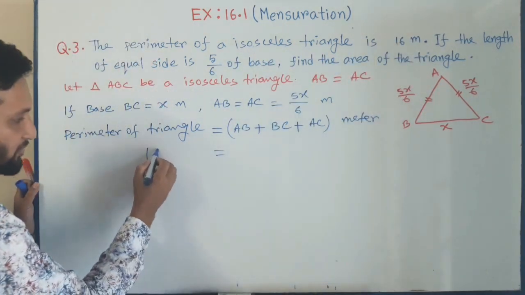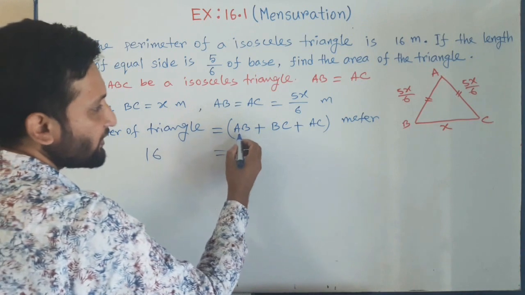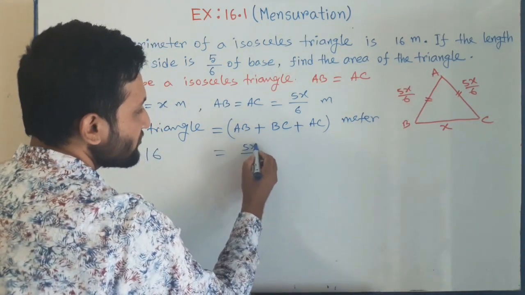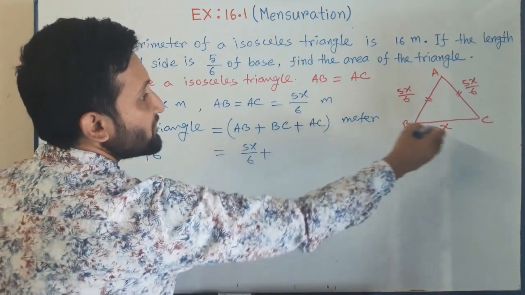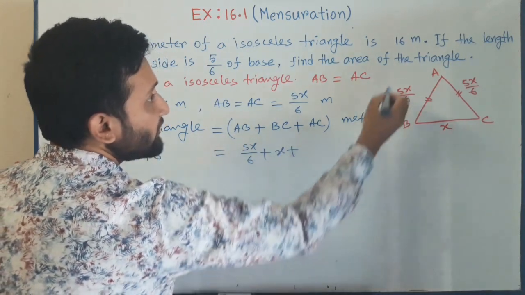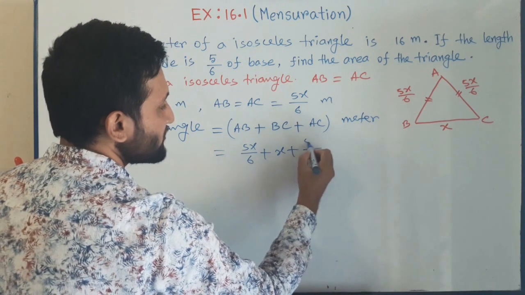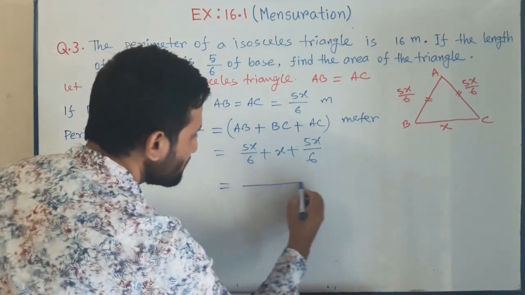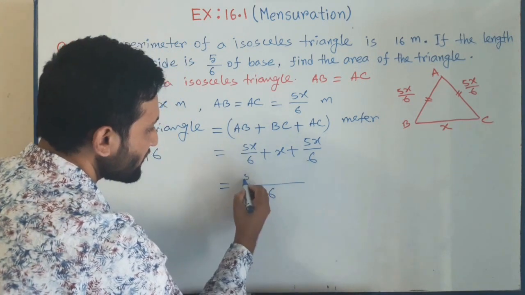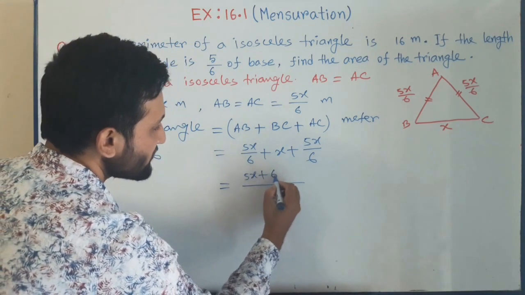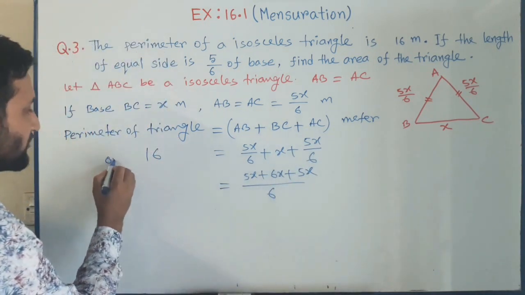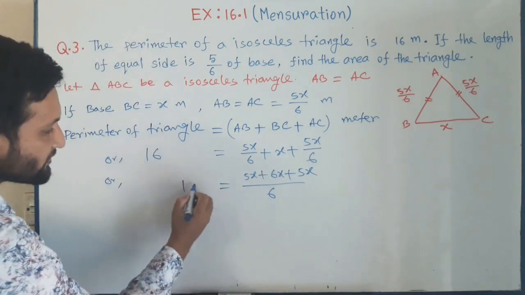So use the perimeter 16, and then AB plus BC plus AC: AB is 5x by 6, BC is x, and AC is 5x by 6. Now by simple calculation, LCM is 6, so 5x plus 6x plus 5x, and on the left hand side the value is 16.